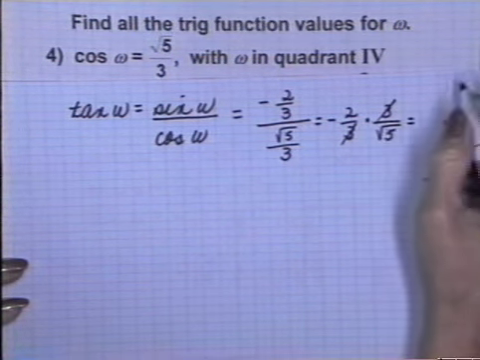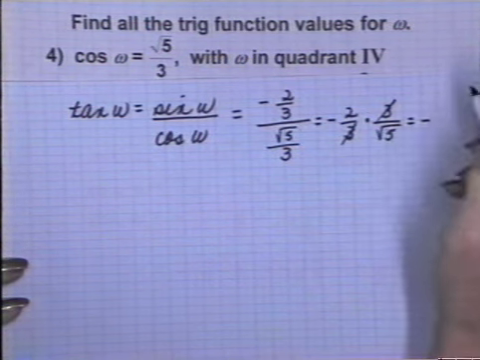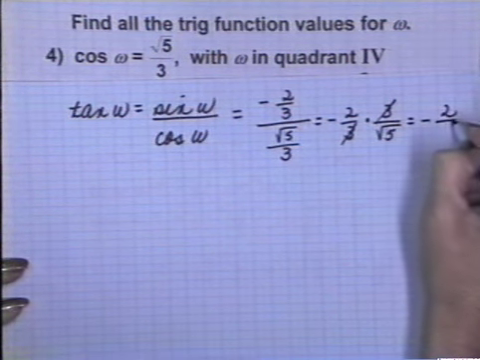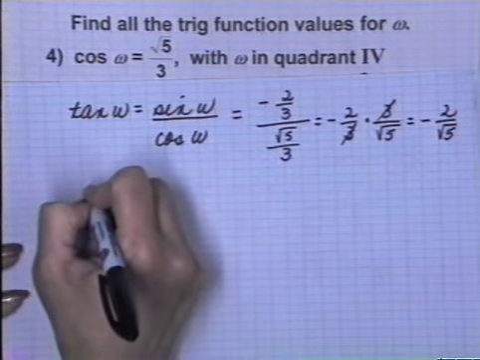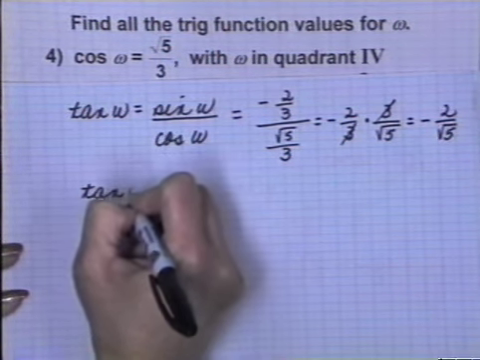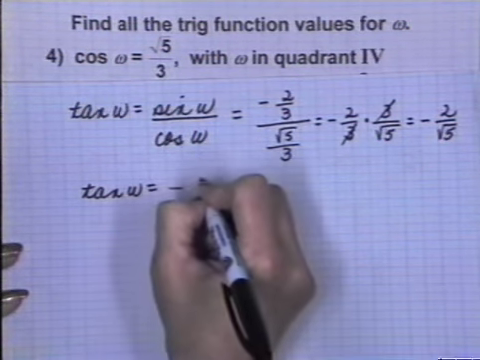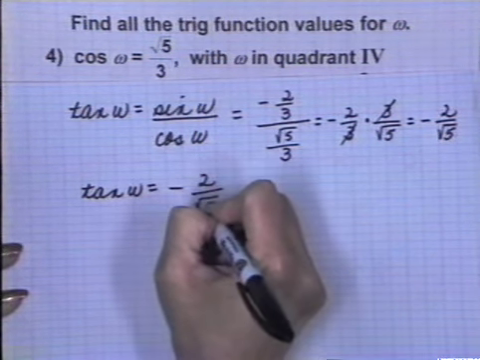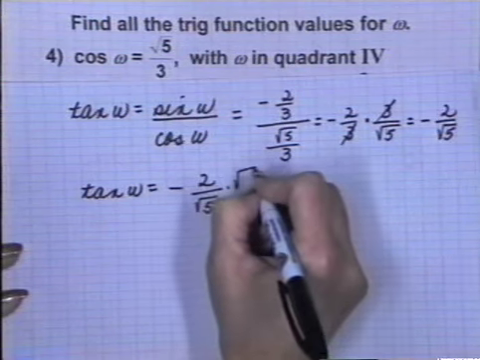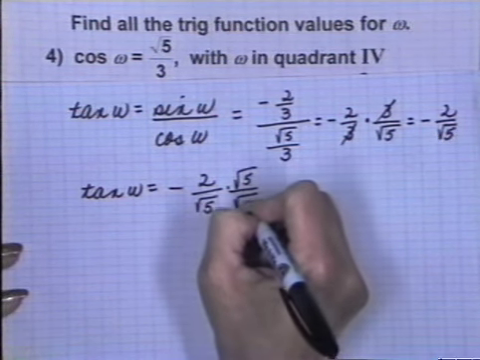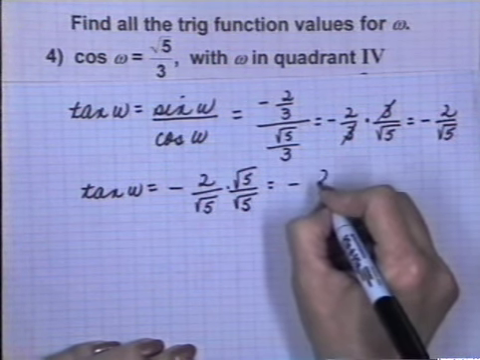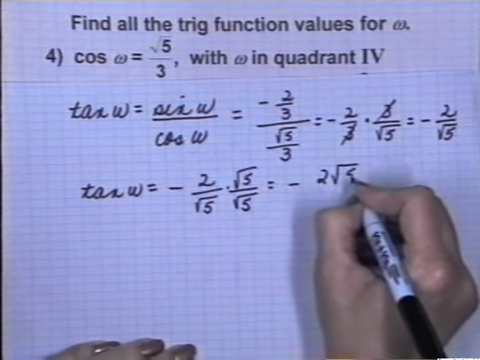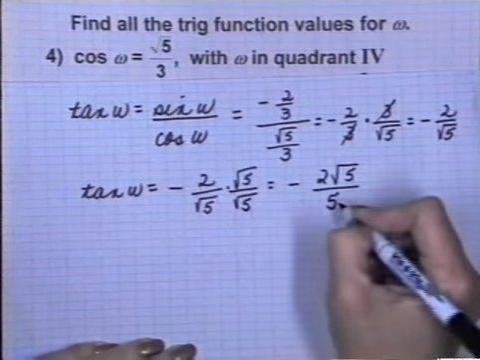So what I get here is a minus, and then I'll have 2 divided by the square root of 5. Now what I need to do is rationalize that, and we'll do that by multiplying by the square root of 5 over the square root of 5. And we'll get minus 2 times the square root of 5 over 5.